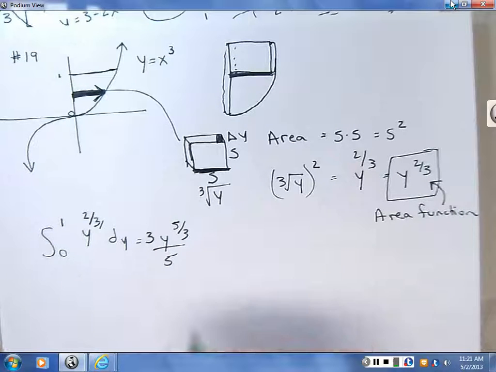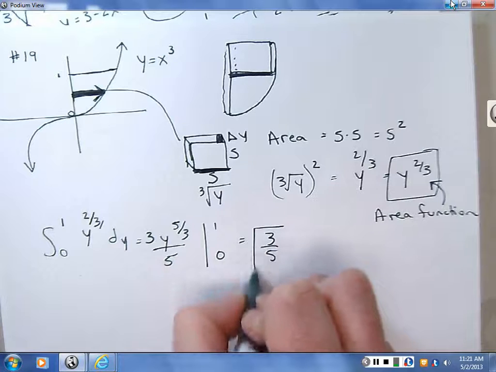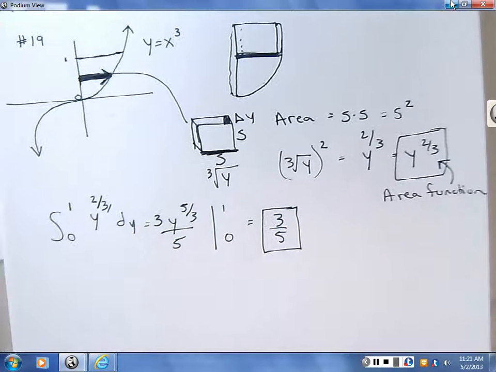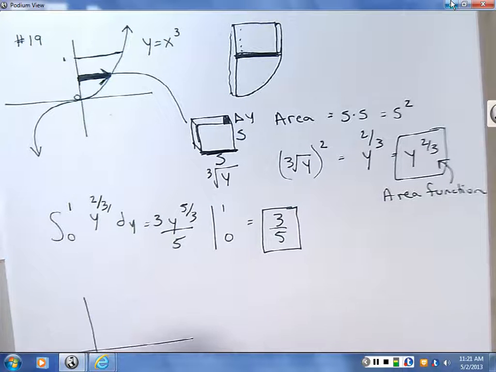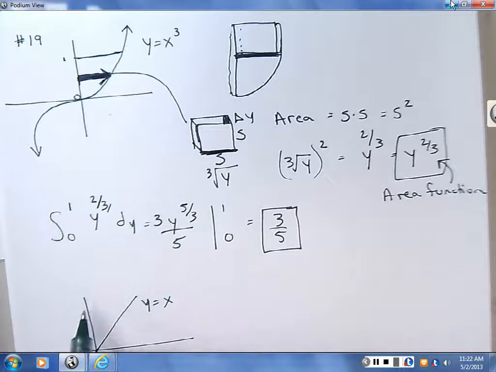Flip and multiply. Plug in 1. I get 3/5. So it's the exact same method, you just don't have pi in there because the problem itself said this is square. Correct.